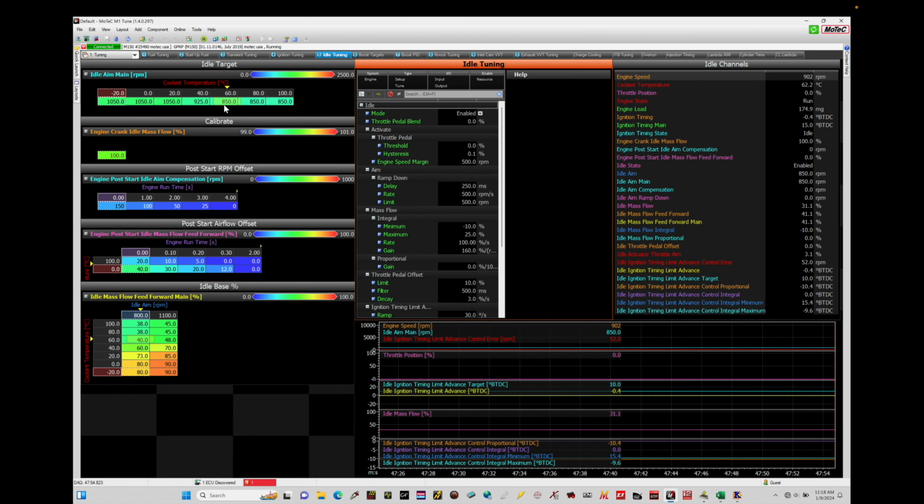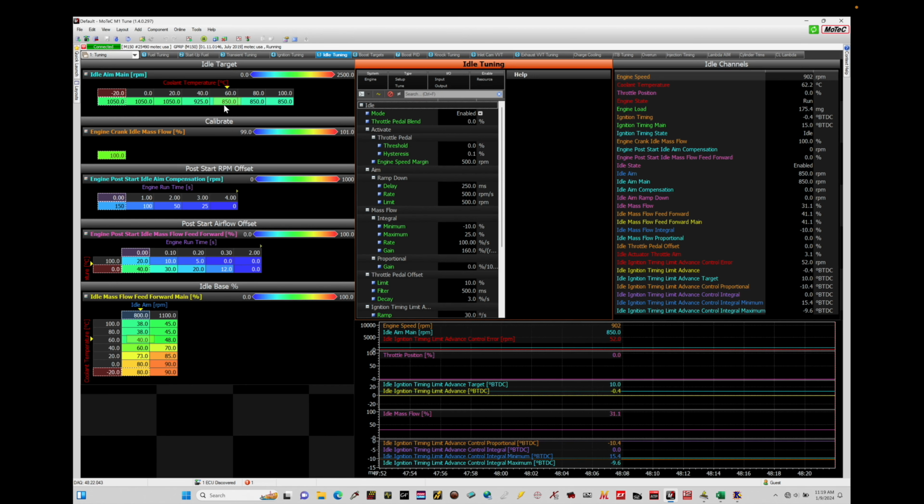Now let's break this down a little bit further so we understand what we're referencing when we're talking about airflow and spark timing in terms of our idle control. If we look at OEM programming from Ford or GM, we're going to find that they reference what they call airflow or spark timing in terms of control as slow path or fast path. A slow path control is going to be our airflow based control within the idle control routine.